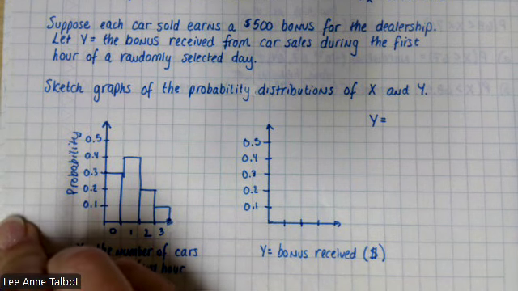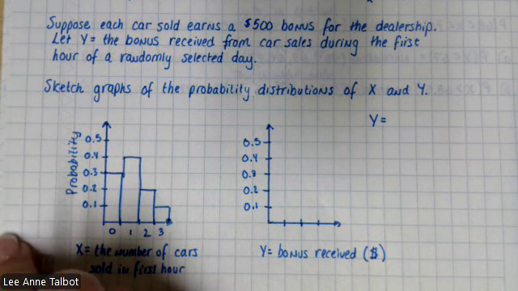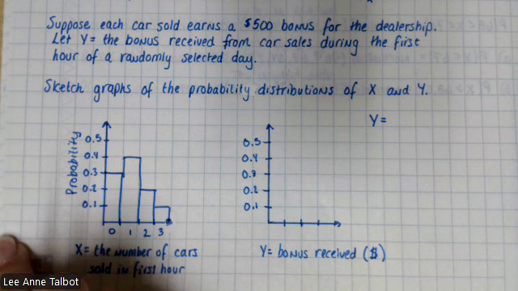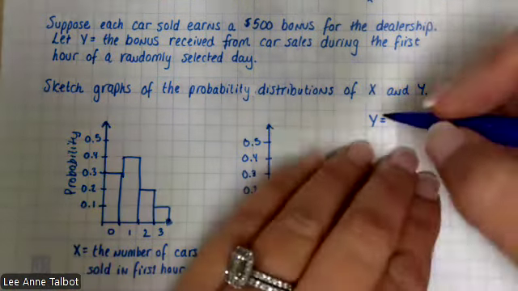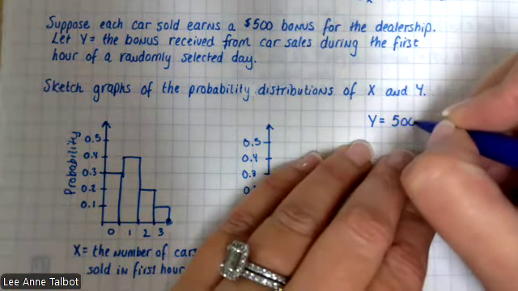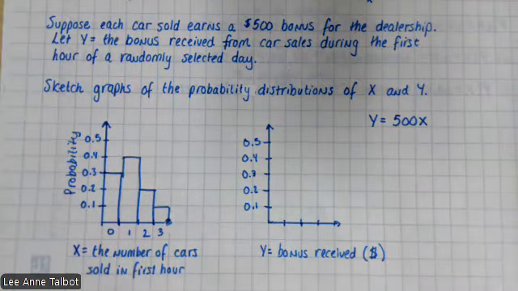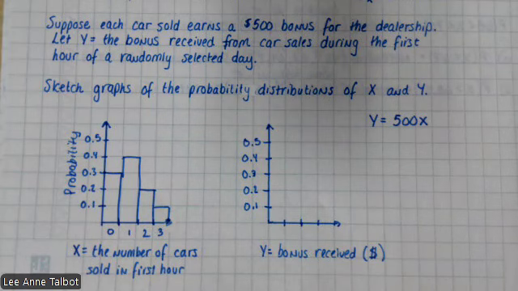Well, it's 500 times the number of cars they sold. So if you sold 10 cars, you get 500 times 10. If you sold 3 cars, you get 500 times 3. So we're going to call that 500x. That's really the hardest part about the whole problem right there.